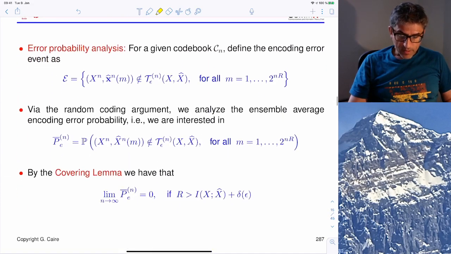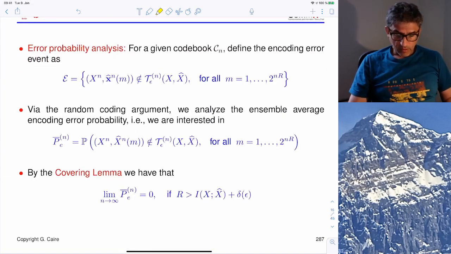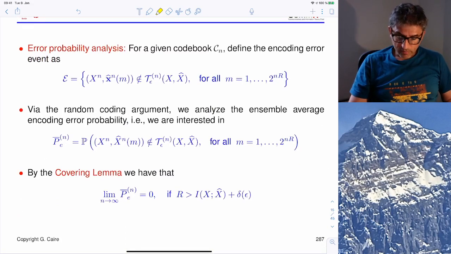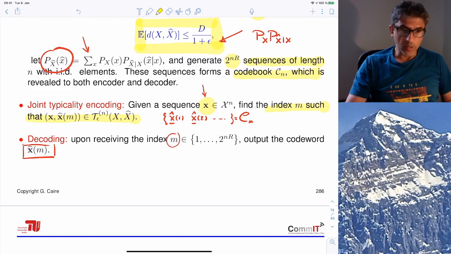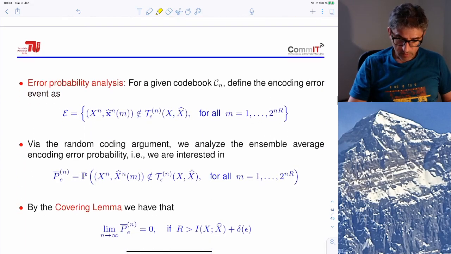Now we want to analyze the error probability for this encoder. The encoder makes an error when it doesn't find any such sequence in the codebook jointly typical with the source sequence.